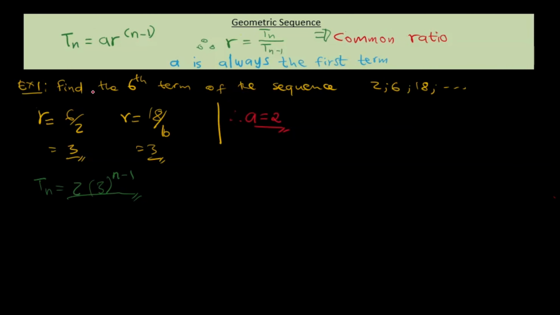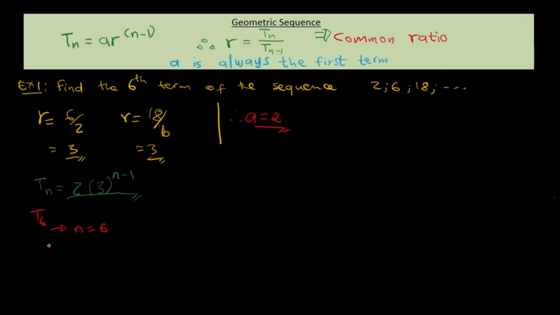Now the question says, find the sixth term of the sequence. We already have that general nth term. For T6, we know that n is equal to 6.